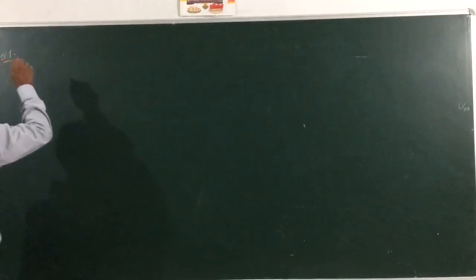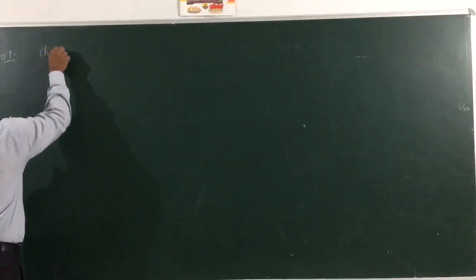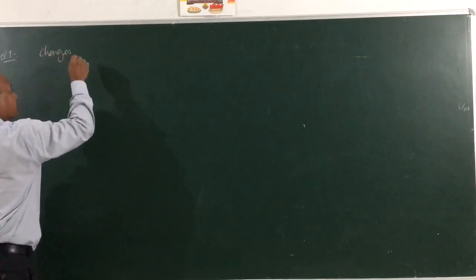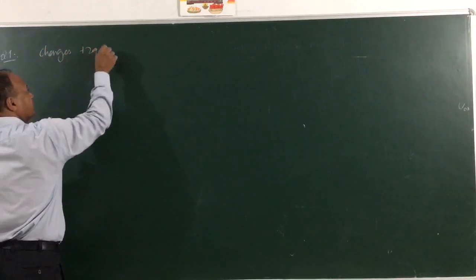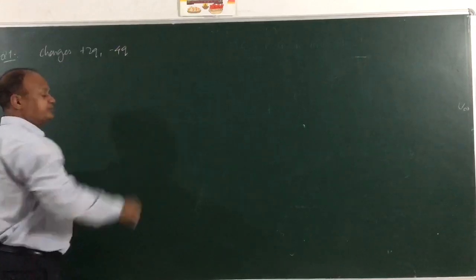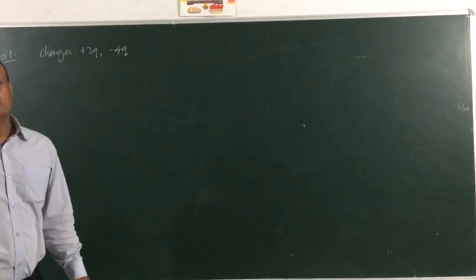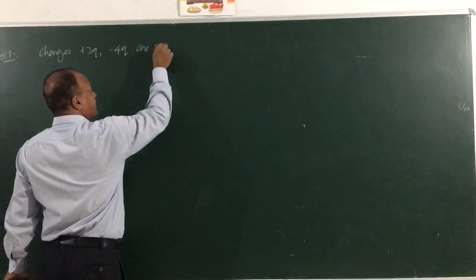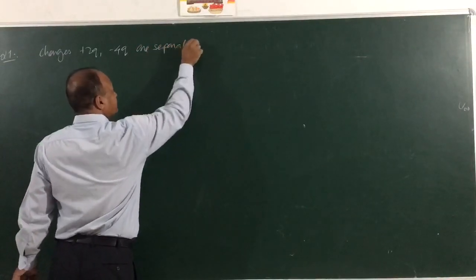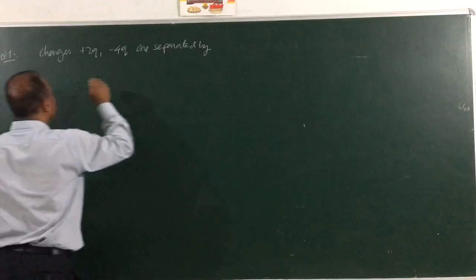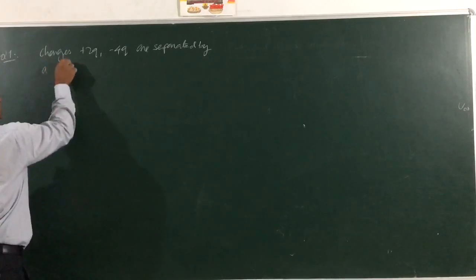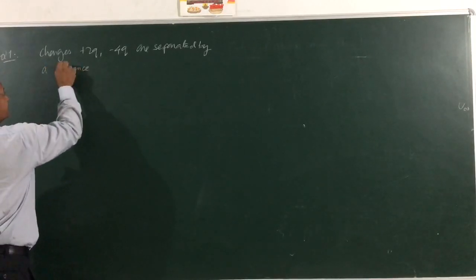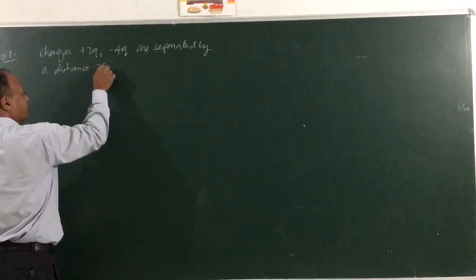Question 1. Charges plus 2q and minus 4q are separated by a distance r.